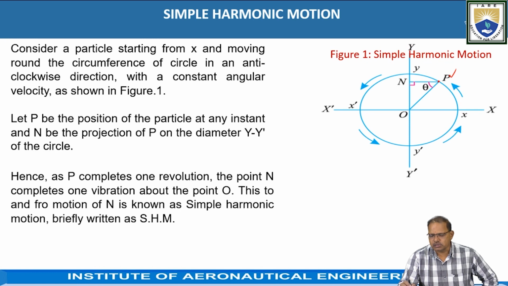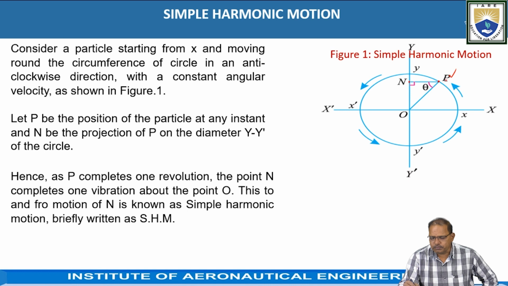Then consider its projection on the vertical diameter. The vertical diameter is represented here by Y and Y dash. When the body reaches its Y position, the projection N is also at Y, as shown in the figure.